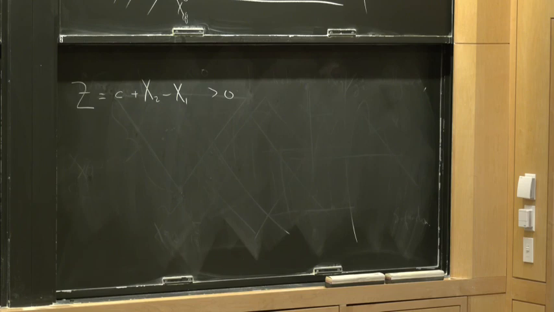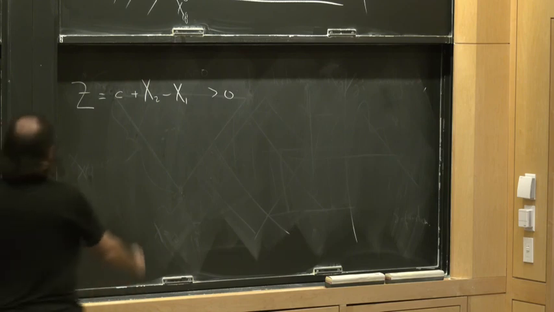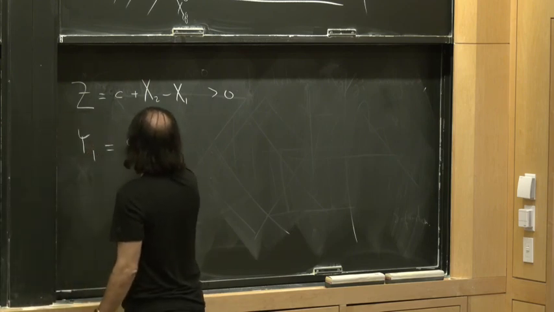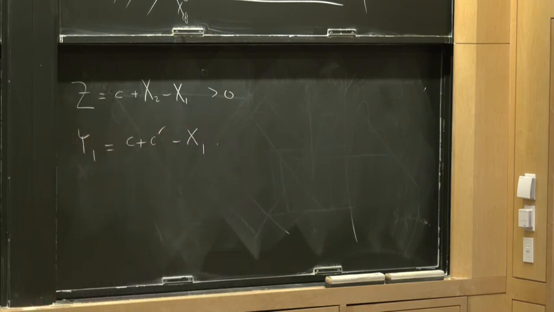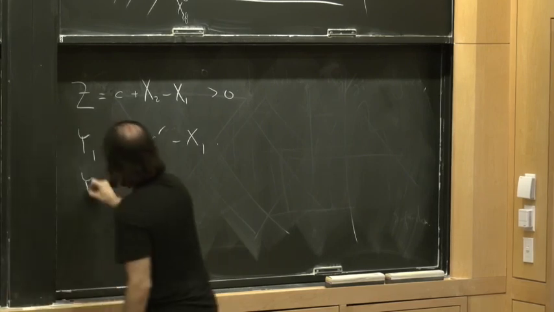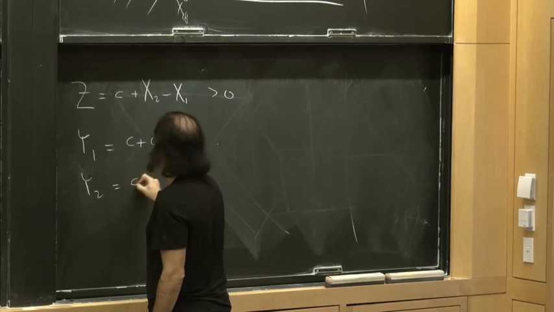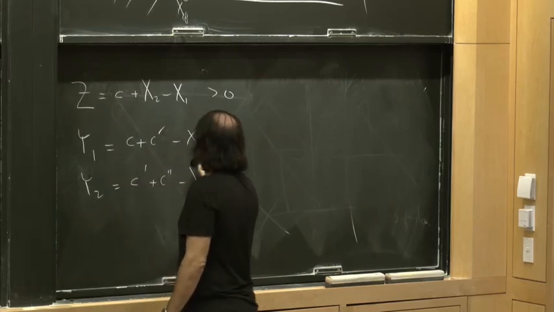So this is also the answer to your question: we're explicitly seeing how we're solving for everyone in terms of the internal guy. So y1 plus x1 equals c plus c prime. Therefore, y1 equals c plus c prime minus x1. And similarly, y2 plus x2 minus 0 is c prime plus c double prime, so y2 is equal to c prime plus c double prime minus x2.